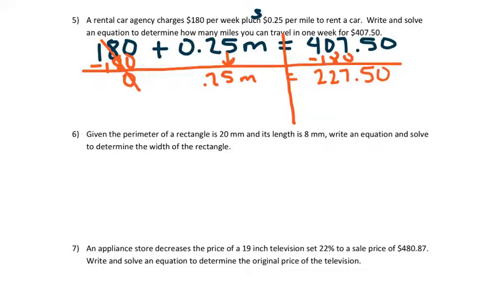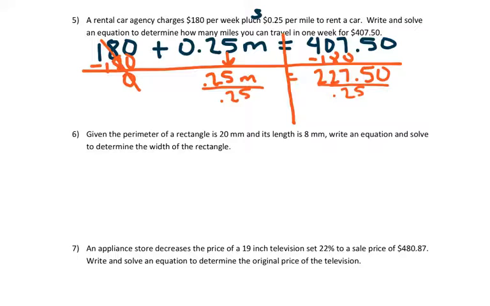And then from here, we can either divide by 0.25, or we can think of that as 1/4 and multiply by the reciprocal 4. So either way you want to do it is fine. Divide by 0.25 on both sides, or multiply both sides by 4.